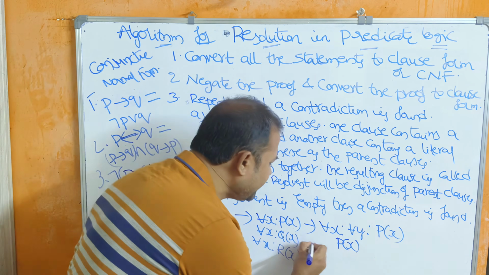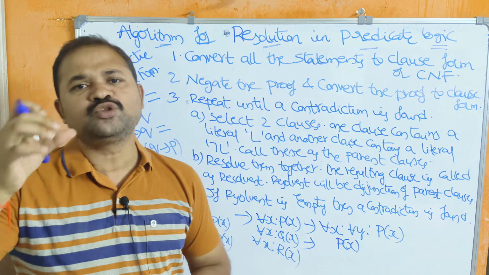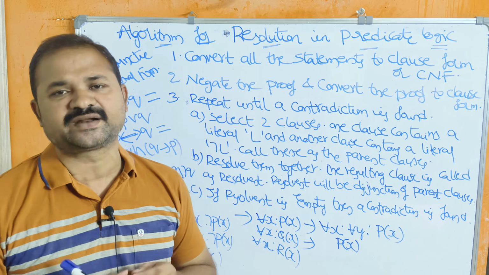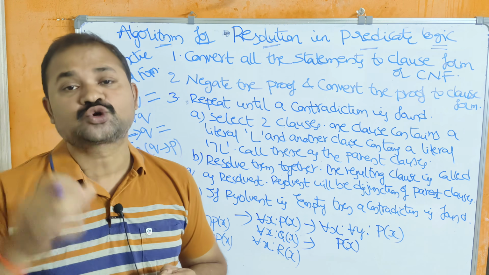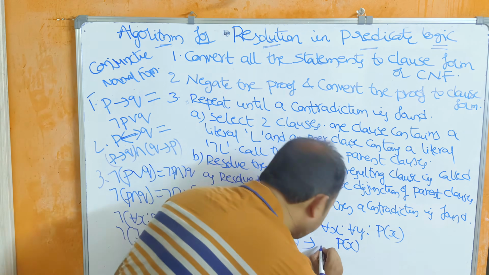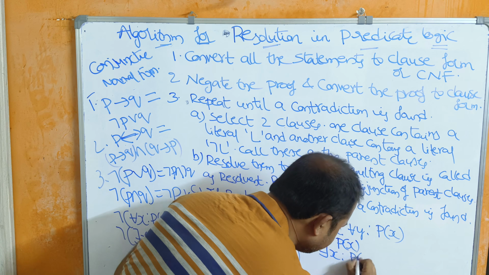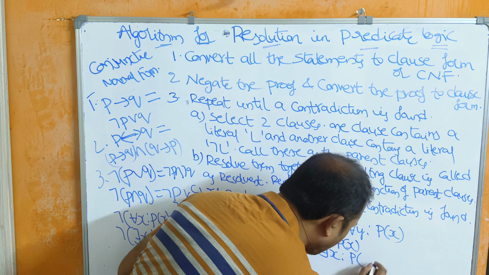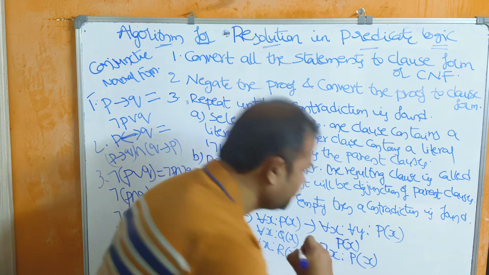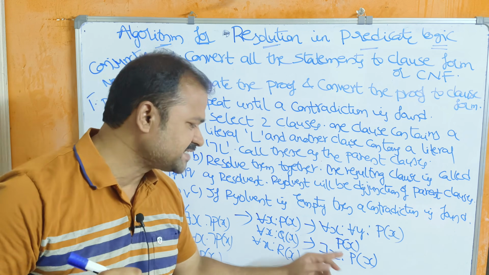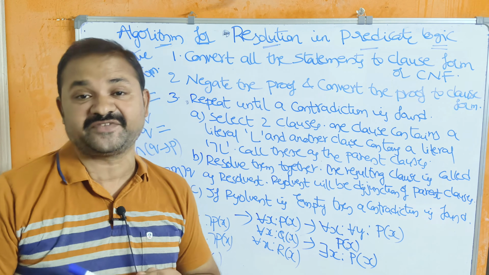And the next step is to remove the existential quantifier by replacing it with a Skolem constant. So we have a statement like this. There exists x, P of x. Here what is x? x is an existential quantifier.